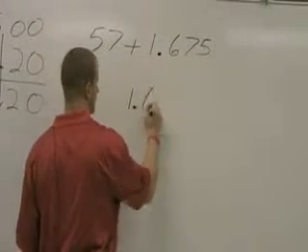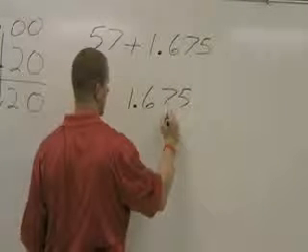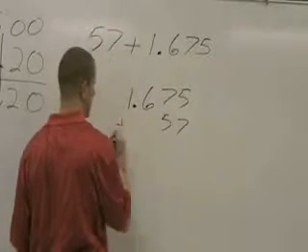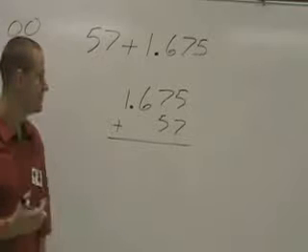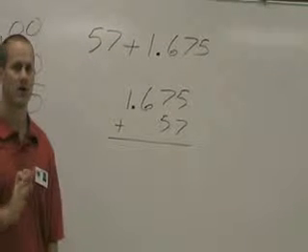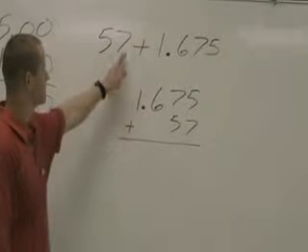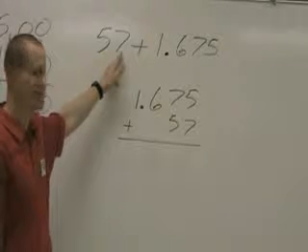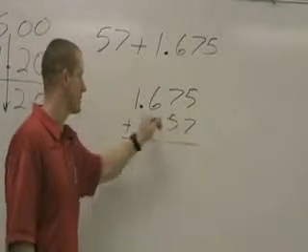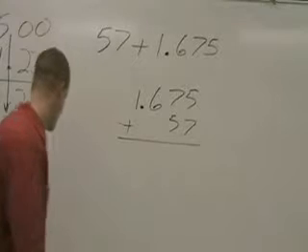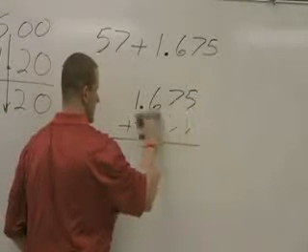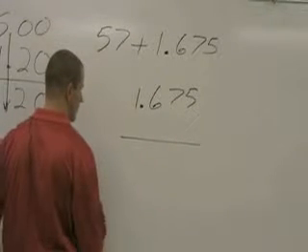People would write it like this. Is this correct? No, it's not. We have to remember that this 57 has an imaginary decimal. So are my decimals lined up? No, they're not. So I have to scoot this 57 over.